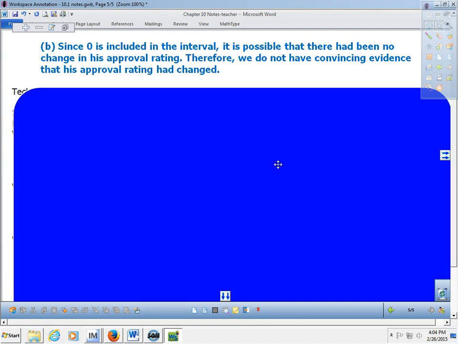So since 0 is in our interval, it's possible, and not even possible, it's plausible, we can even change that word, right? It's plausible that there had been no change in his approval rating. Therefore, we do not have convincing evidence that his approval rating had changed, right?